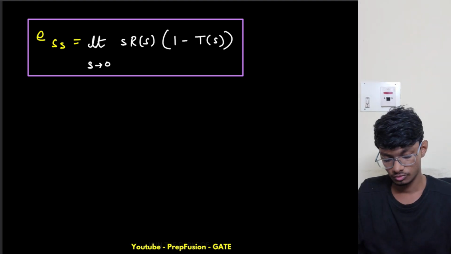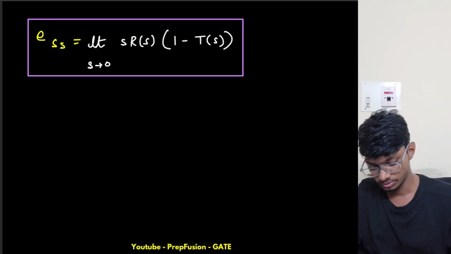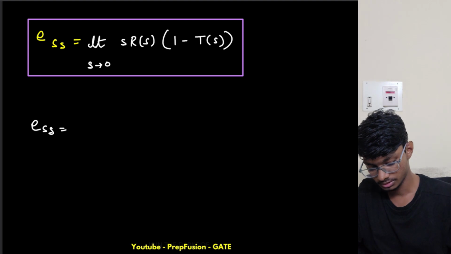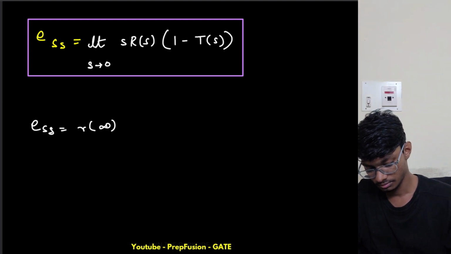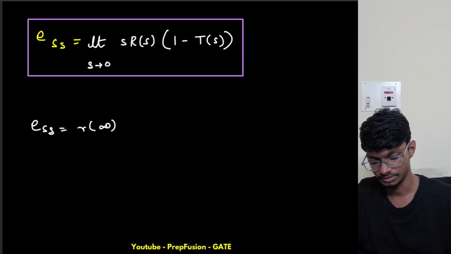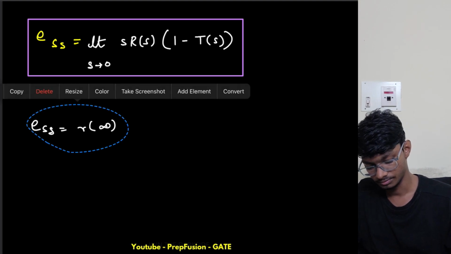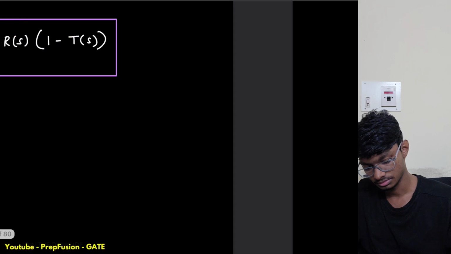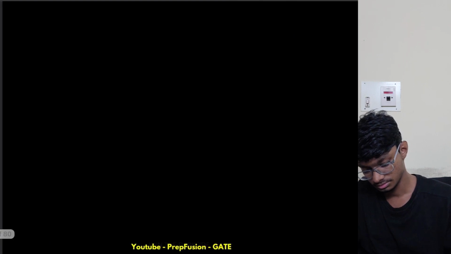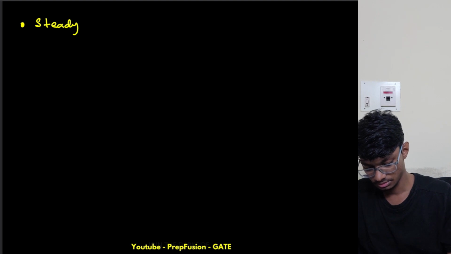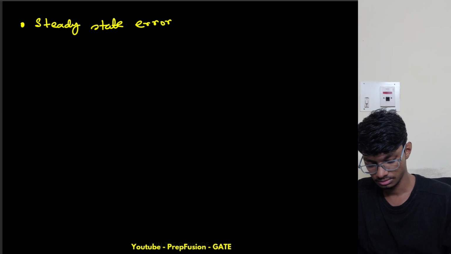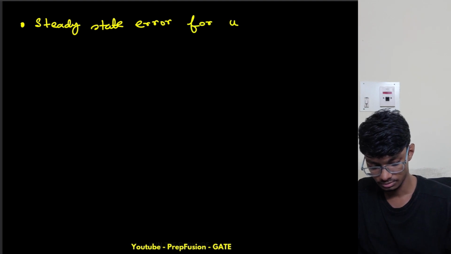So in time domain, what we know is basically c r of infinity. Now, steady state error for unit step response. So let me take another page. Steady state error for step response.